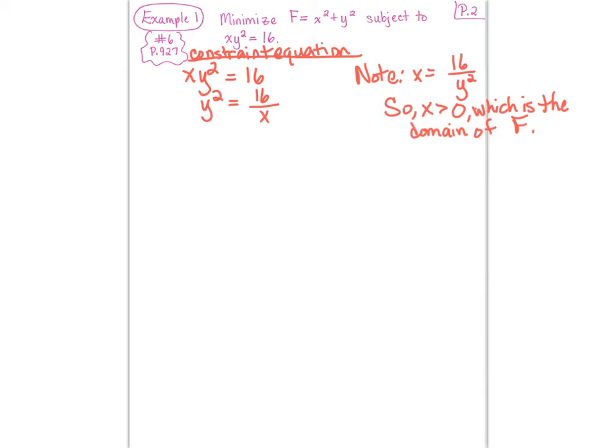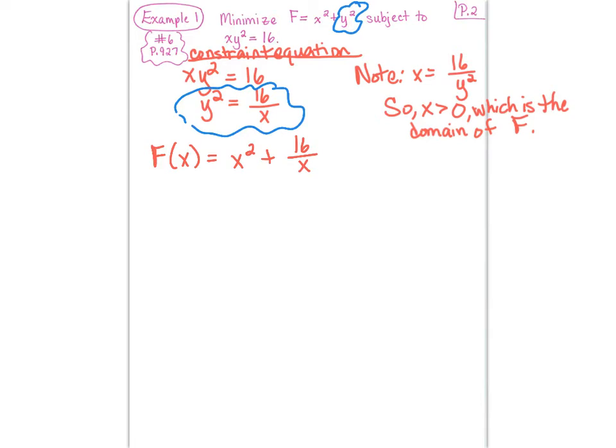Now we solved for y squared using our constraint equation. Now our goal is to minimize f equals x squared plus y squared. Well, we found that y squared is this, and we have a y squared here, so we can just substitute it in. So f of x can be rewritten as x squared plus 16 over x, because 16 over x is y squared.